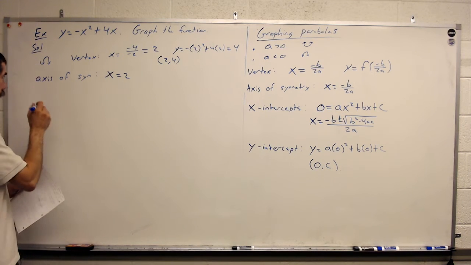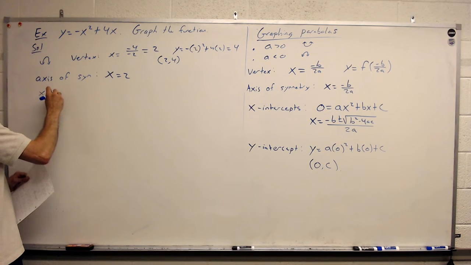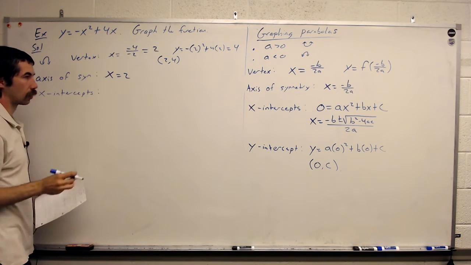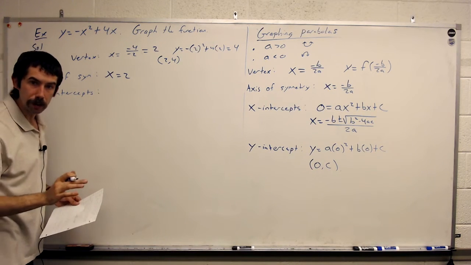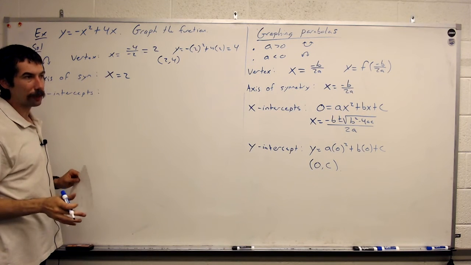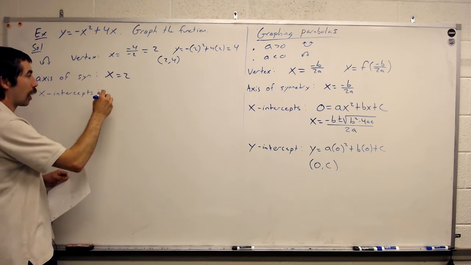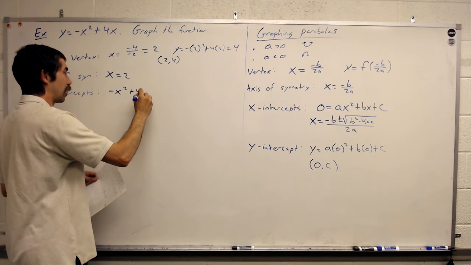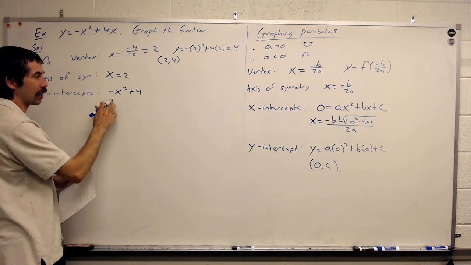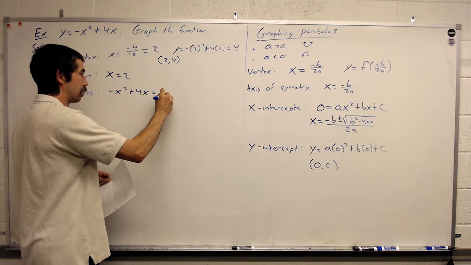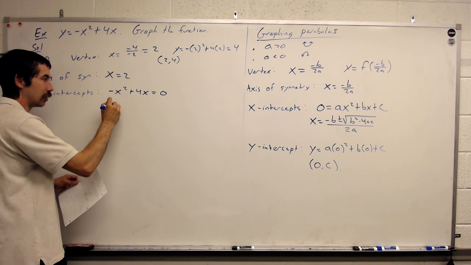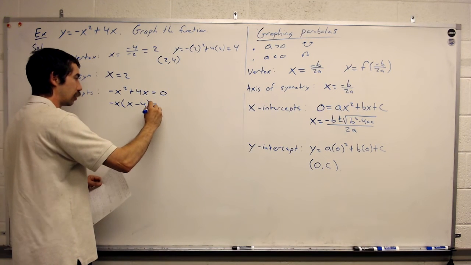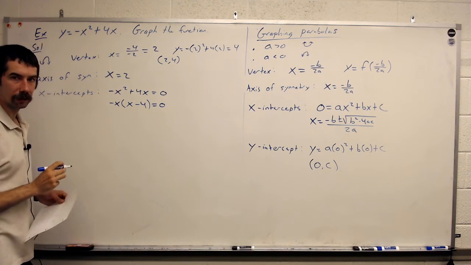X-intercepts. We could use the quadratic formula. There's no shame in that. I'm going to factor here just because it's pretty easy to factor this, right? Negative x squared plus 4x equals 0. This factors into negative x times x minus 4 equals 0.